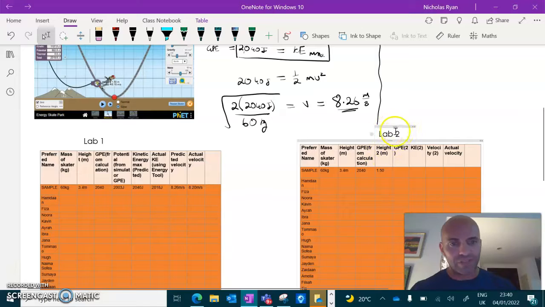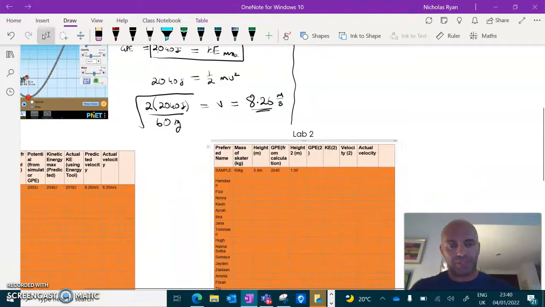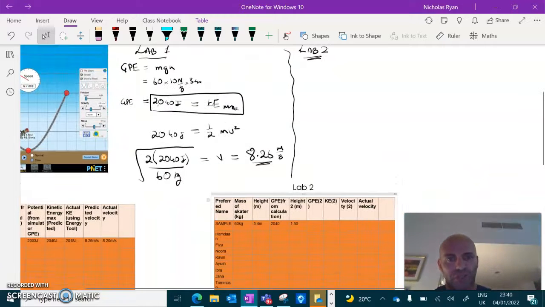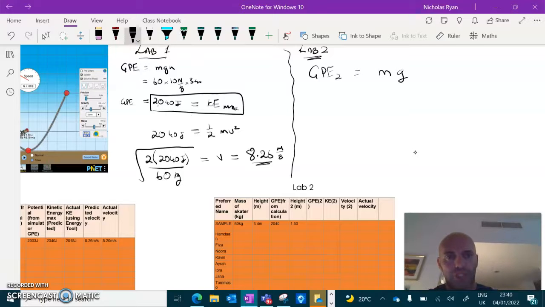I'm going to calculate the gravitational potential energy at that point. And again, I'm going to use the mathematics to do that. So her gravitational potential energy at point 2 should be mgh, but I'm looking at the second height, h2. So she's still 60 kgs. We'll still use 10 newtons per kilogram.